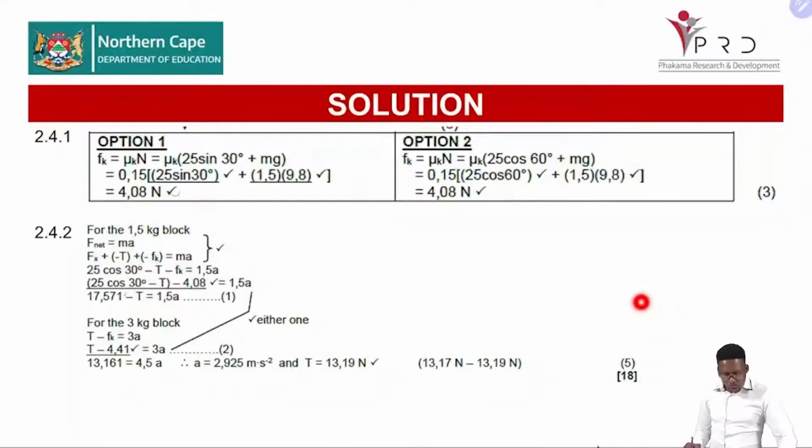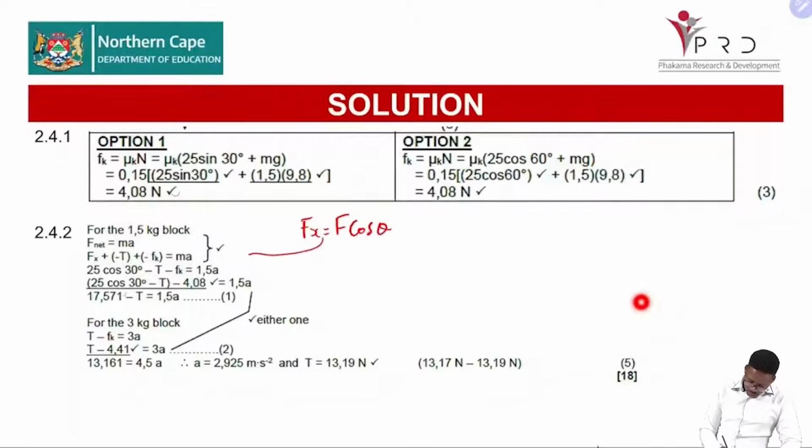Then what do you do? You substitute. What is F of x? It is F cos theta. So this is what we are putting here, which is 25 cos 30 minus tension minus kinetic friction for 1,5 kg, which is 4,08, is equals to the mass, which is 1,5.